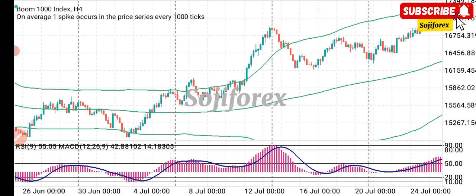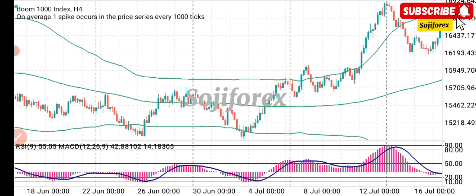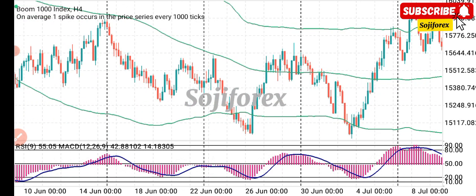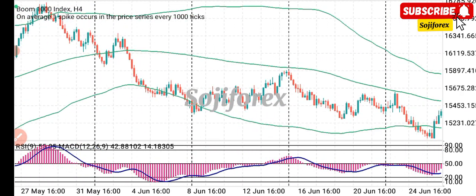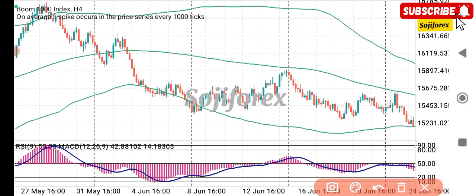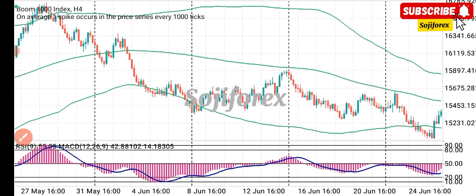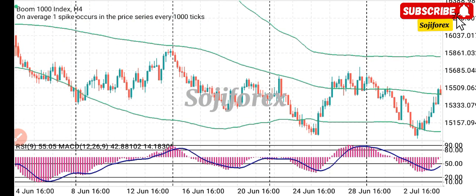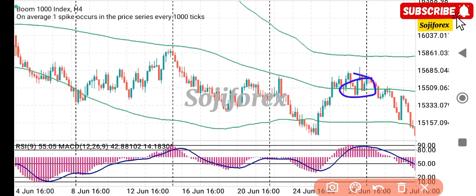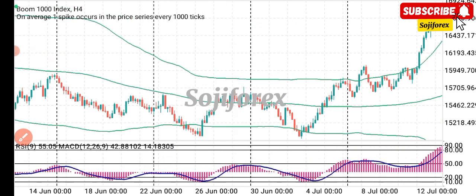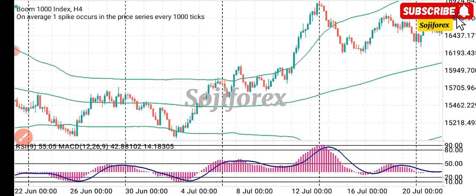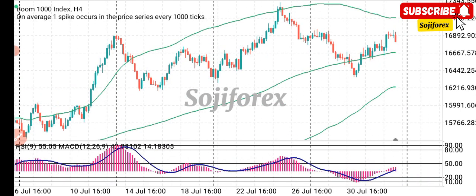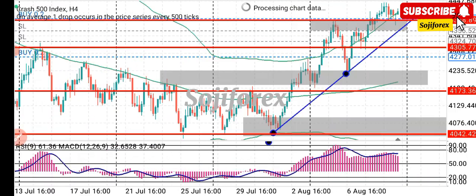You can see this is Boom 1000. You can see this movement. So every continuation, look at it here, 80% of it, you can see, will always start from around the zone, and every buy will start from the lower Bollinger Band.